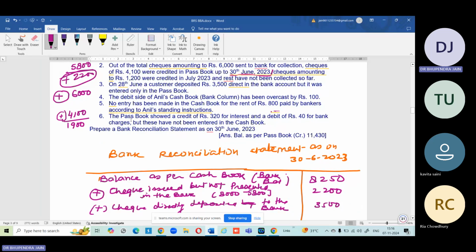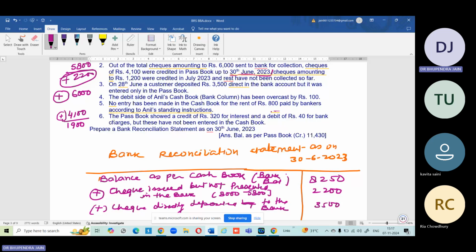Next, the passbook shows a credit for interest of rupees 320. That means the bank has allowed interest to you, and that's why your passbook shows a credit of rupees 320 as interest.